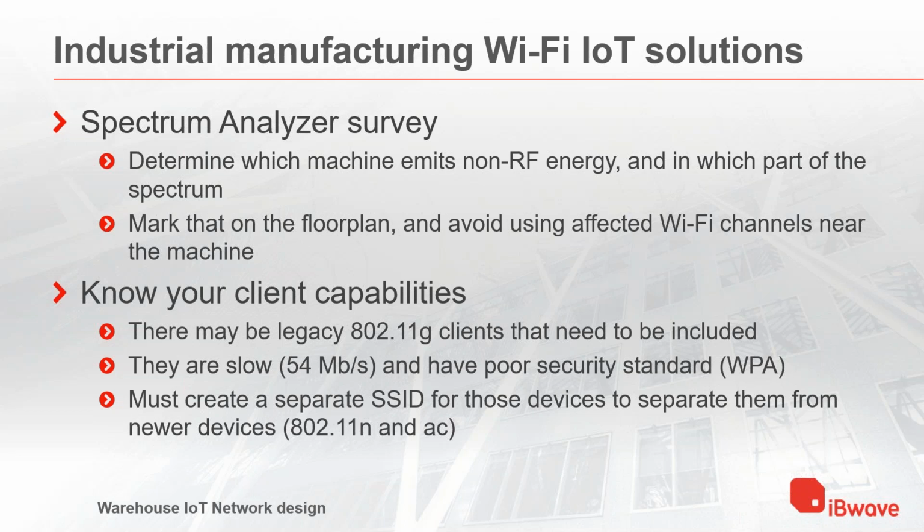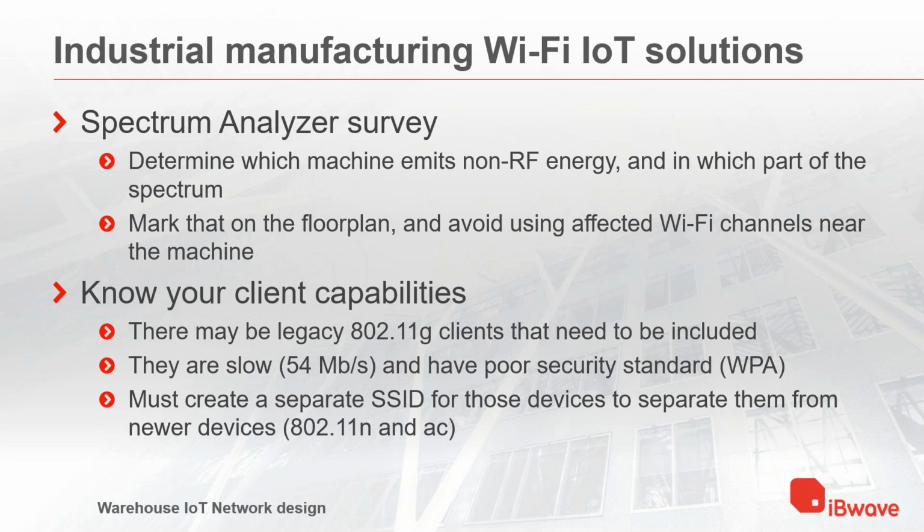And also, we need to know our client capabilities. There may be legacy 802.11g clients, BG clients, that need to be included. They are slow and they have a poor security standard. So we must create a separate SSID for those devices to separate them from newer devices, which are 802.11n and AC.